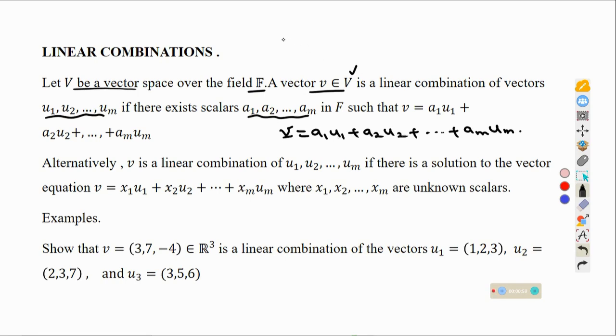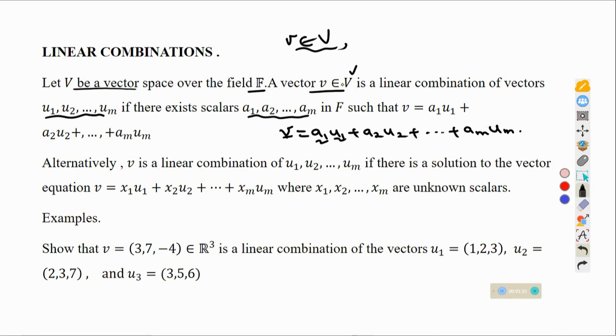So what you are interested in is to express a vector v, which is from this vector space, as a combination of the scalars and the vectors. If you are able to write v as a combination of scalars and vectors, then you will be able to say that v is a linear combination of such vectors u1, u2 up to um.